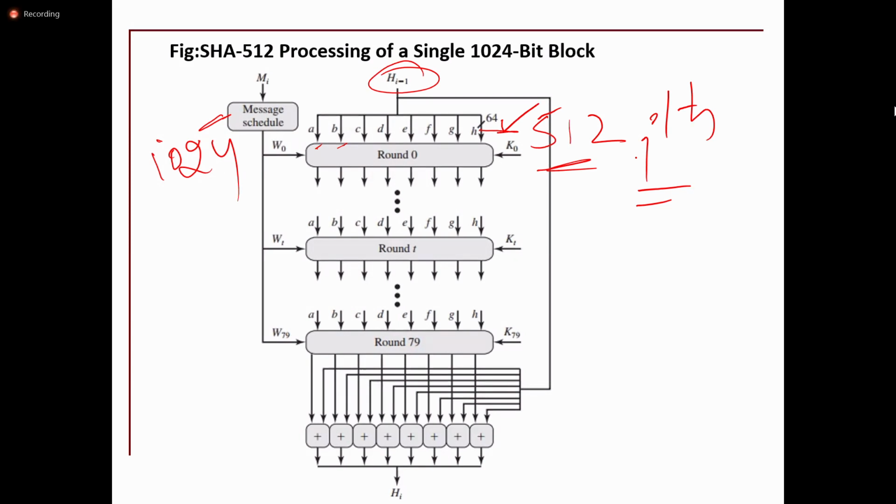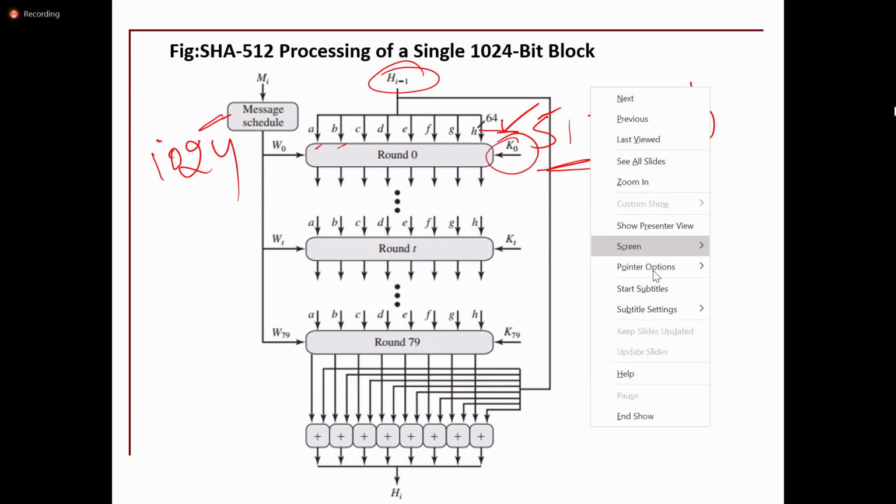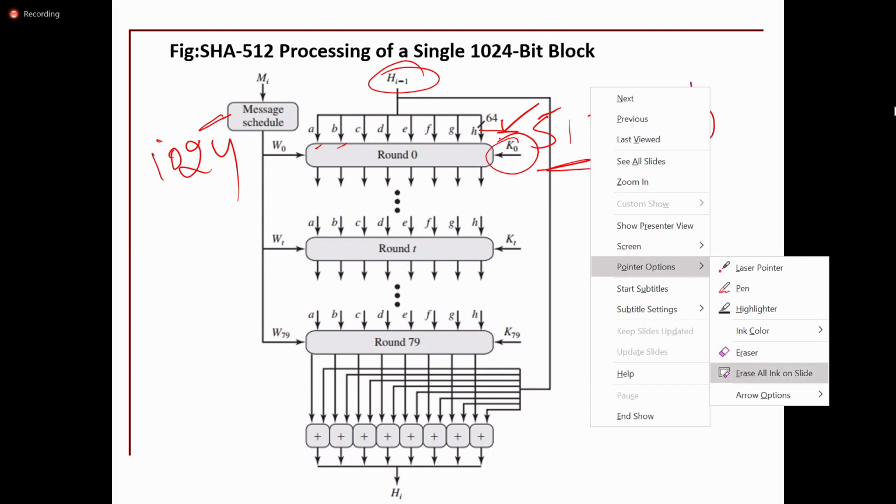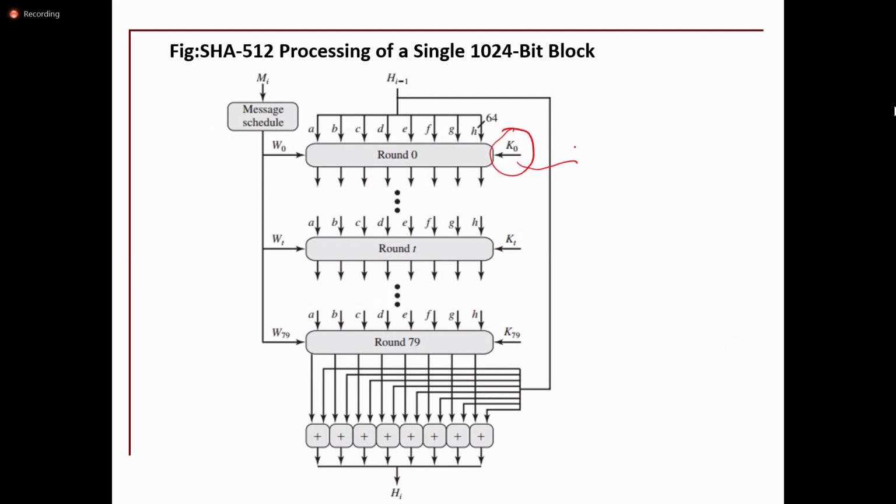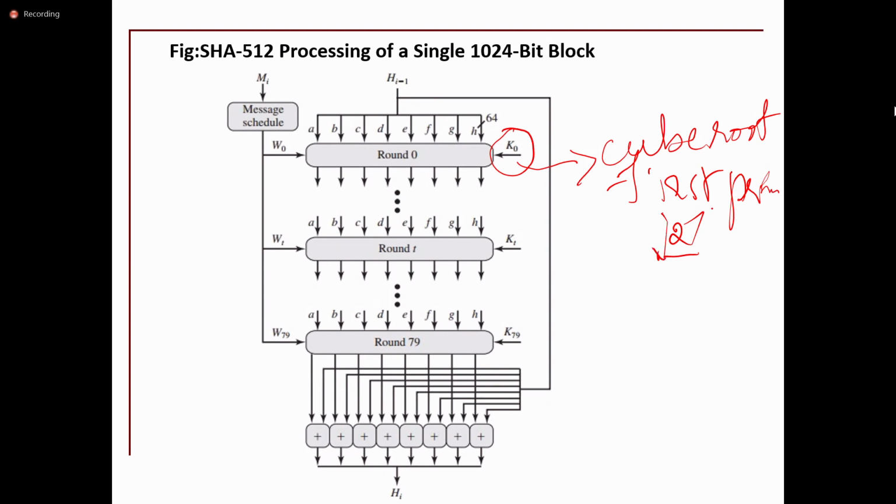Round 0 is also taking one more input, that is the round constant. K0 is the round constant. What is the value of this? This is the cube root of the first prime number, that is 2. The cube root of 2 will be given as a round constant to round 0.